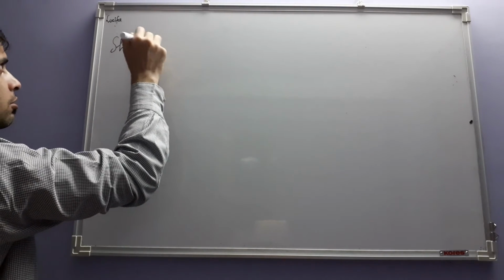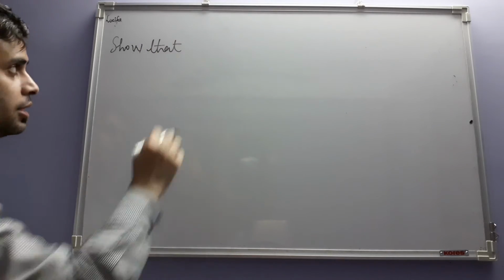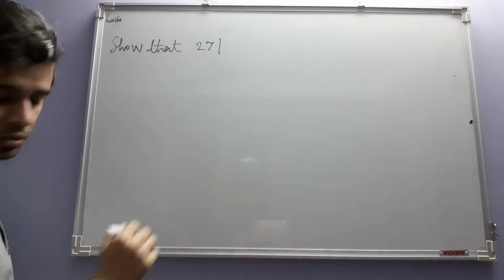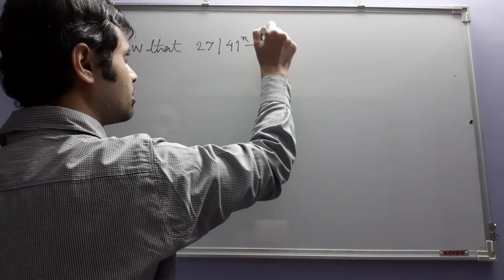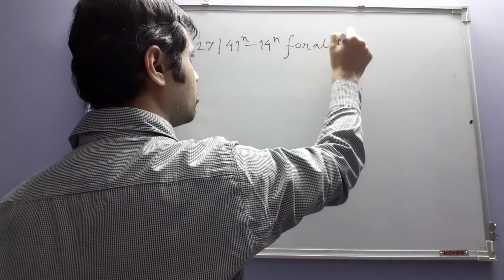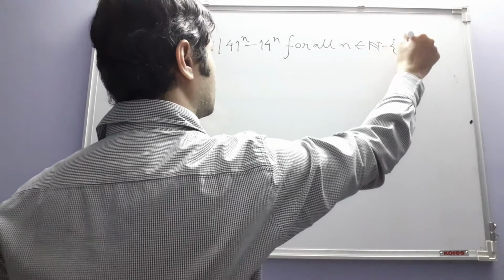Show that 27 divides 41 to the power n minus 14 to the power n for all positive integers n.